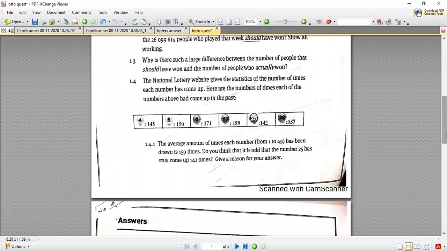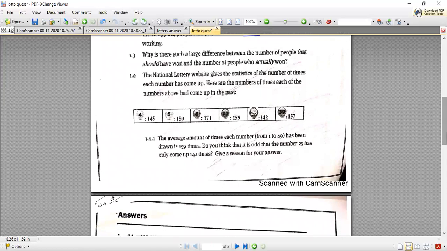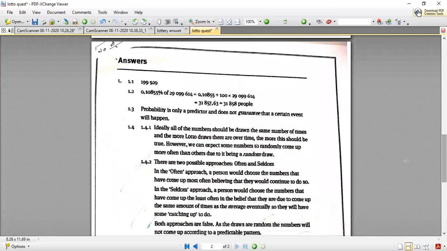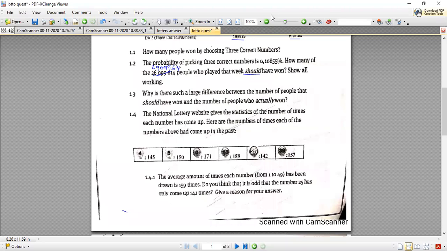If you look at that, it means that we need to work out 0.10855% of the 29 million and 99,000 people. And if we look at that there in 1.2, there has been a typing error.